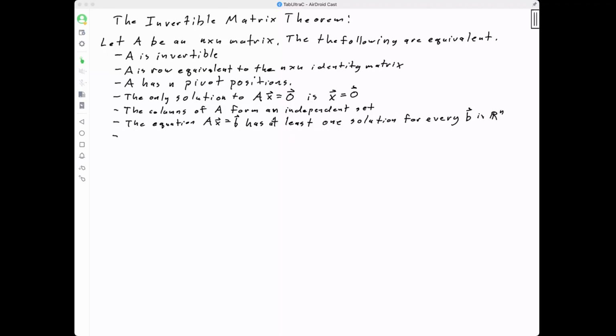Another way of saying this is that the columns of A span Rn, meaning that you can get every vector in Rn by taking a linear combination of the columns of A.